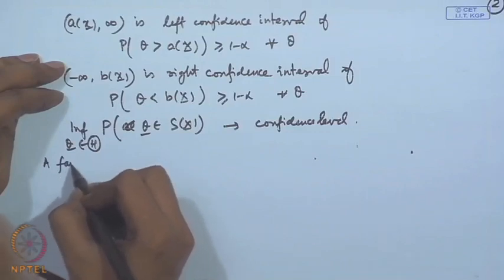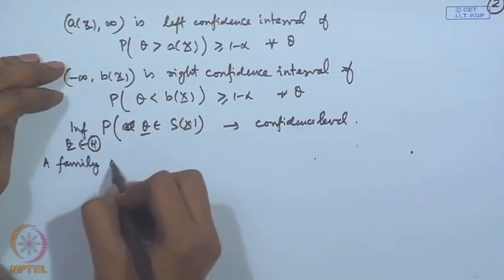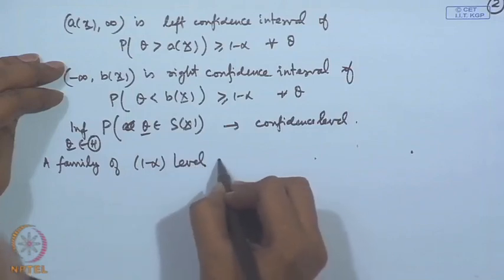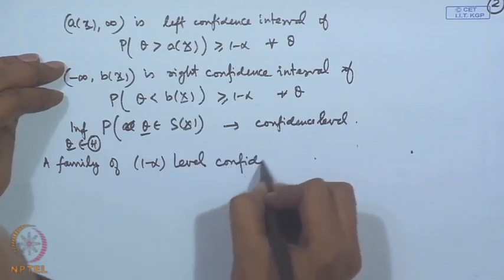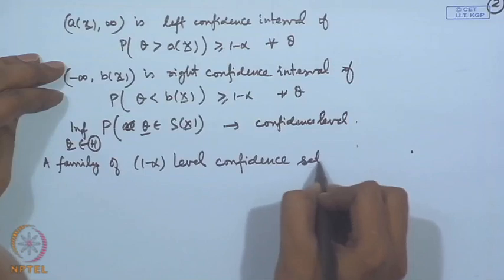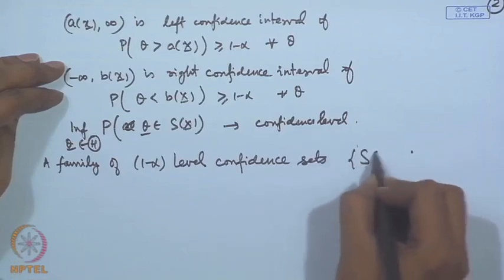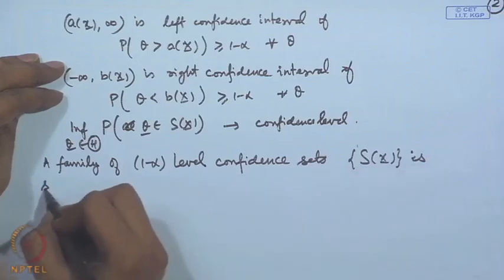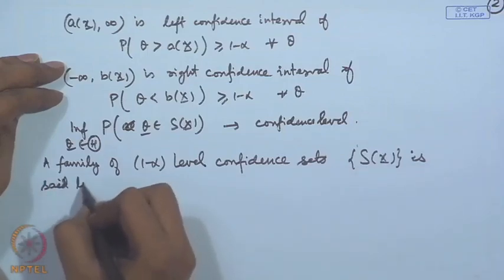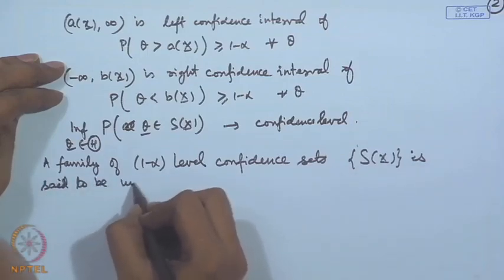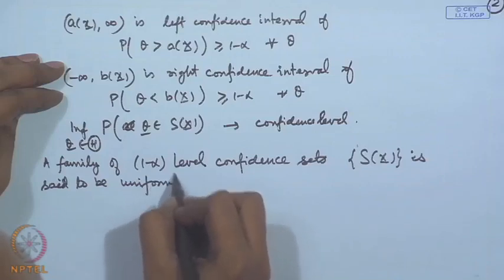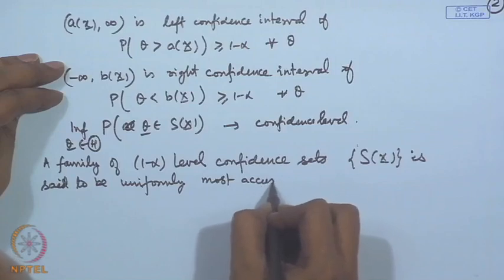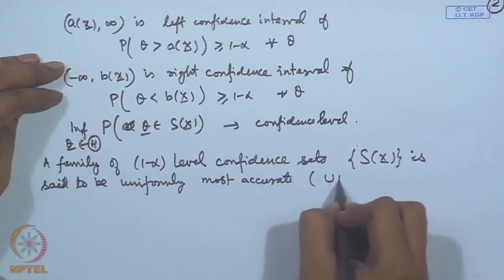A family of 1 minus alpha level confidence sets S x is said to be uniformly most accurate. So, we call it UMA.